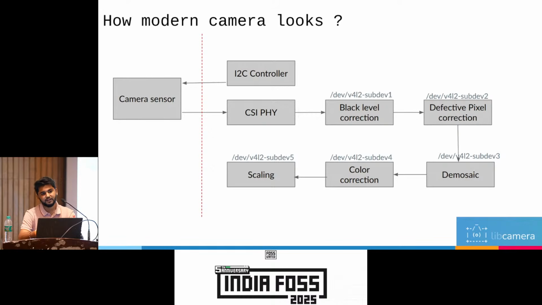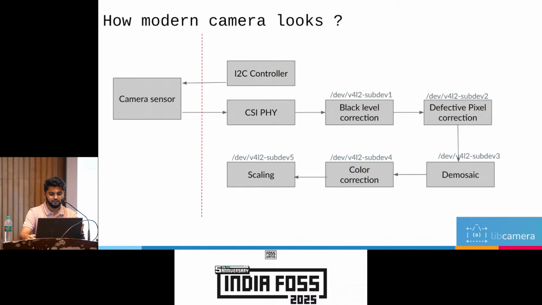These are the ISP blocks, image signal processor blocks. This is a very generic and typical flow. Real hardware is more complex, but this helps to understand how the camera pipeline works.